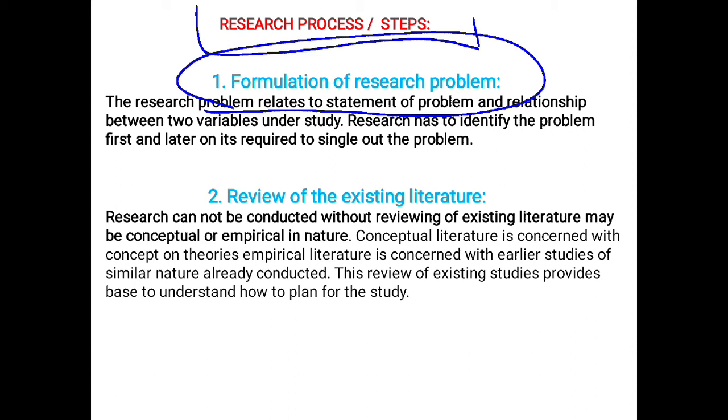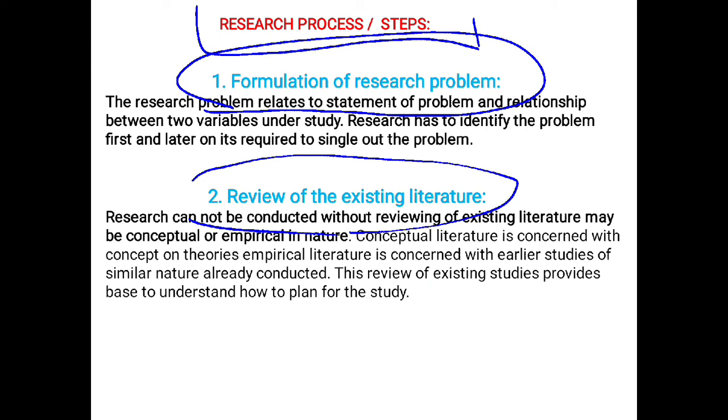Now after identification or formulation of the research problem, the next step of research is review of existing literature. Now what exactly is review of literature? Review of literature means you are collecting knowledge.